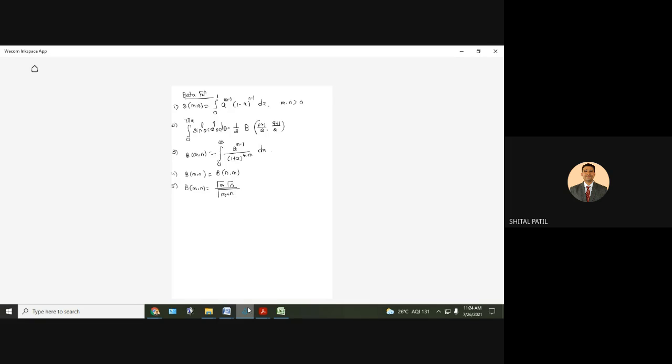Okay, then we studied the duplication formula, right? Gamma(m plus half) equal to root pi divided by 2 raised to 2m minus 1, into gamma 2m. This is known as the duplication formula. Please check it. After a long time I'm writing the duplication formula, so maybe there is a small mistake, probably not, but you just cross check the last formula only.